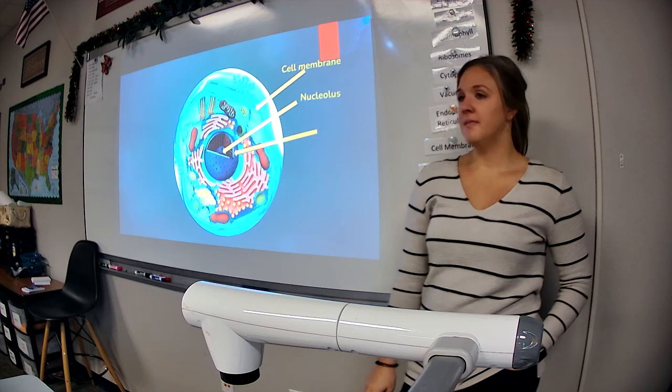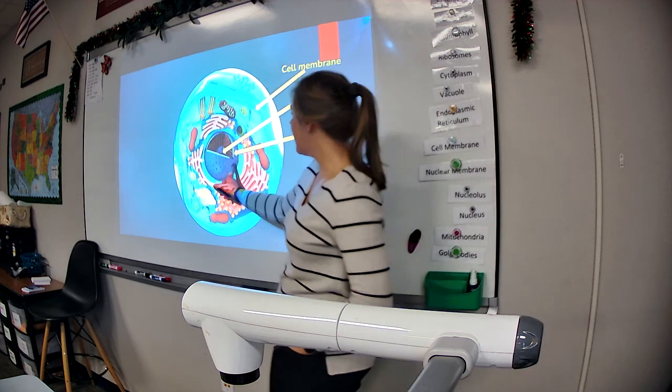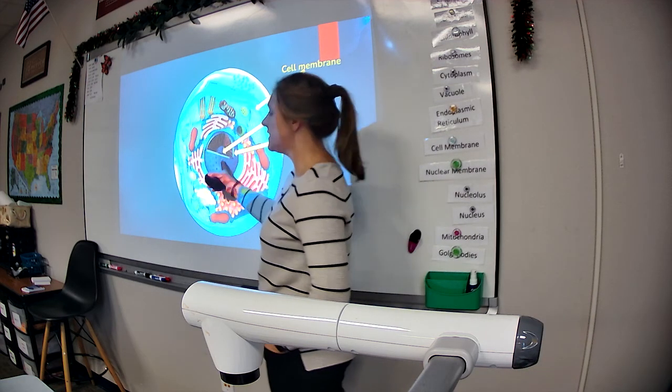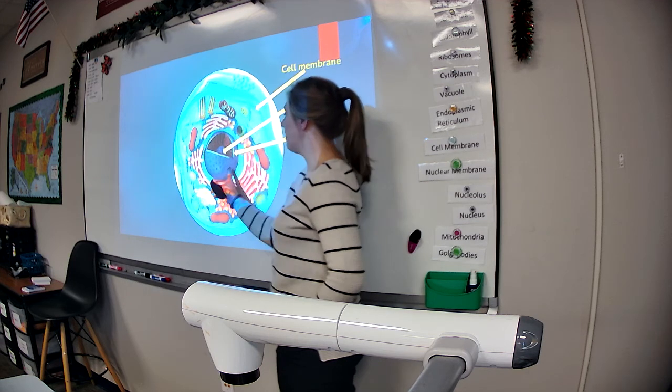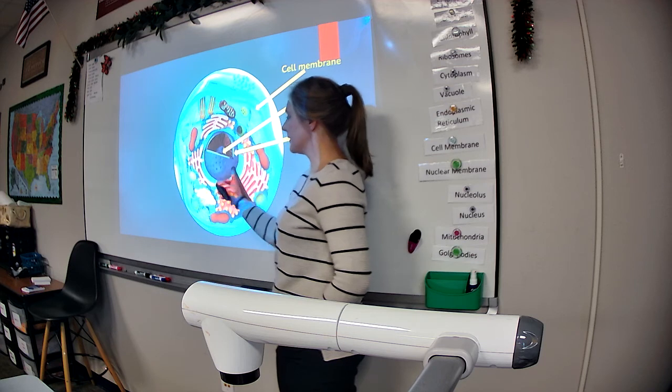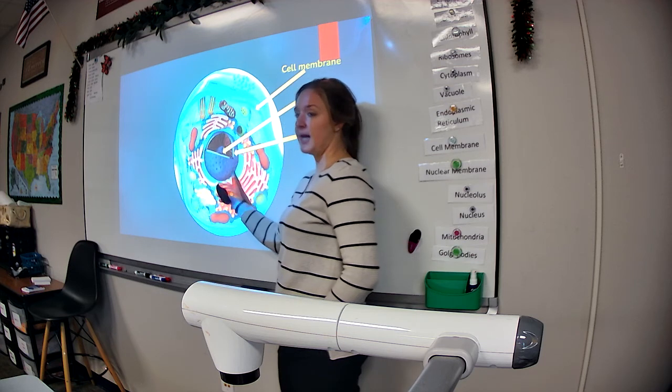This one. This arrow is pointing to the outer covering of this part. So this one is the outer covering of the cell. This is the outer covering of the nucleus. What do we call this? Hattie?